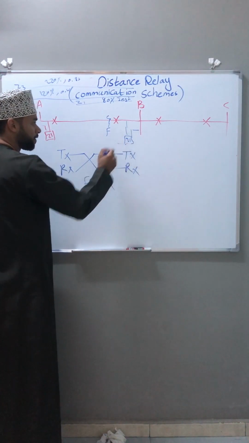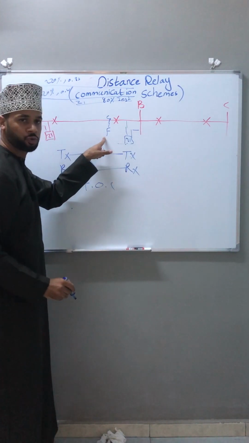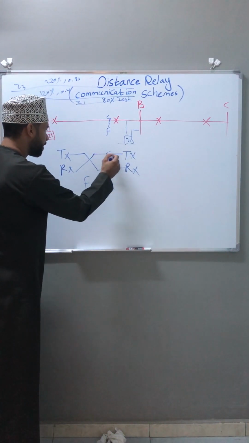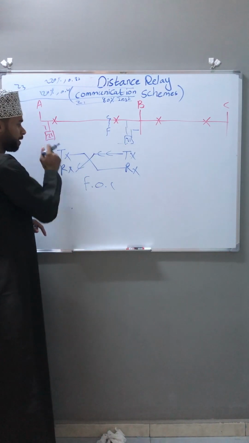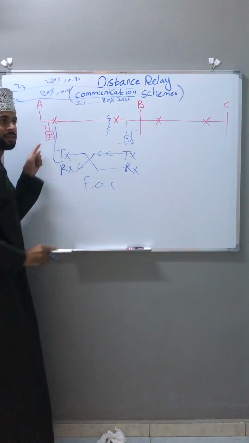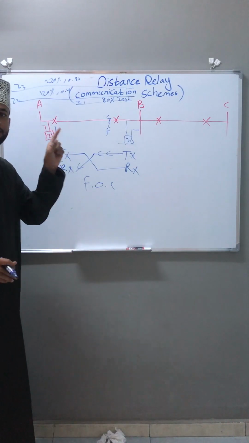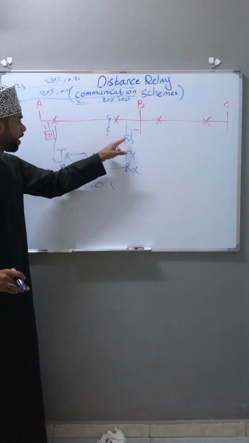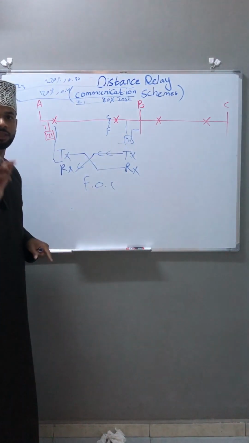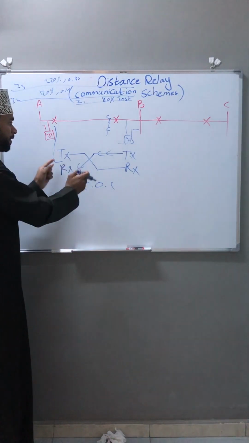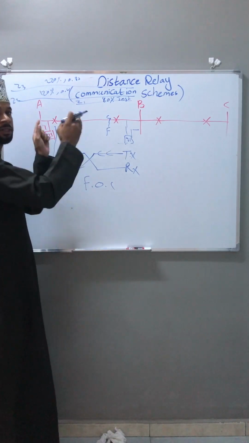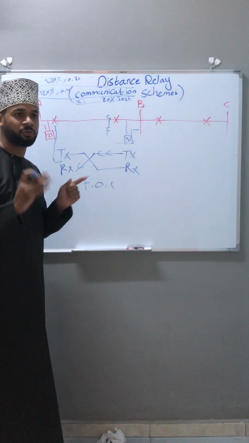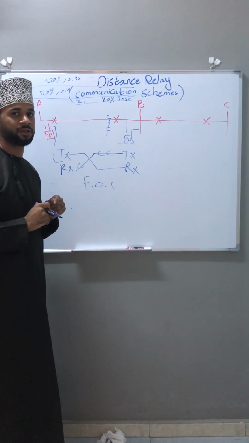After this distance relay sees the fault in zone 1, immediately he will send a transfer carrier signal to the distance relay in substation A to trip instantaneously. So when either of these relays sees the fault in zone 1, immediately he will send a signal to the other relay, and both breakers will trip at zone 1 time delay, so both breakers will trip instantaneously.